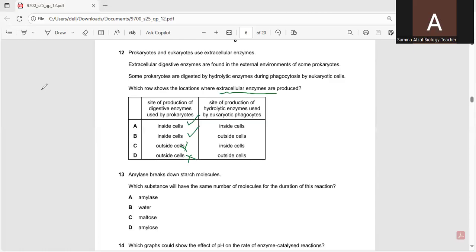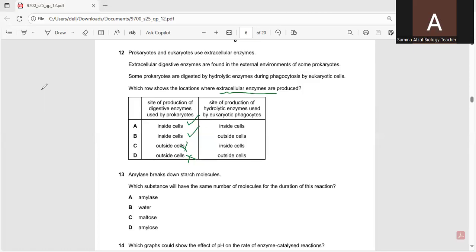And secondly, the eukaryotes, the organisms with a well-defined nucleus. These cells, for example white blood cells, engulf foreign particles or pathogens into a vesicle. These vesicles then fuse with lysosomes, organelles that contain hydrolytic enzymes.